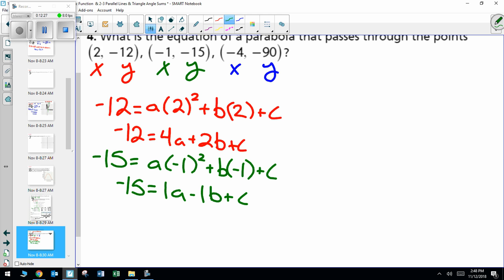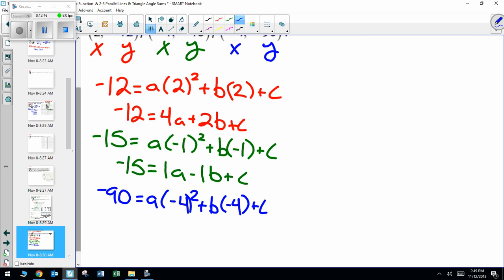You leave the ones out. And my last equation I get from plugging in -4, -90 to be A times -4 squared plus B times -4 plus C, and that simplifies to become -90 equals 16A minus 4B plus C.